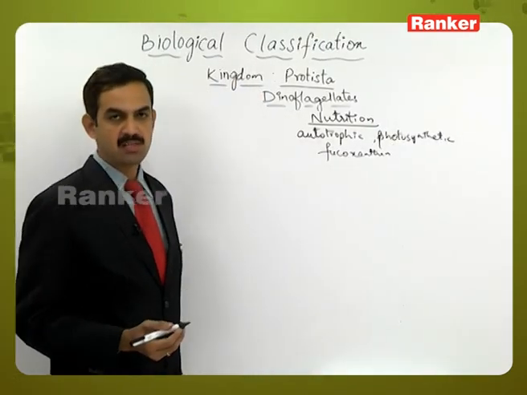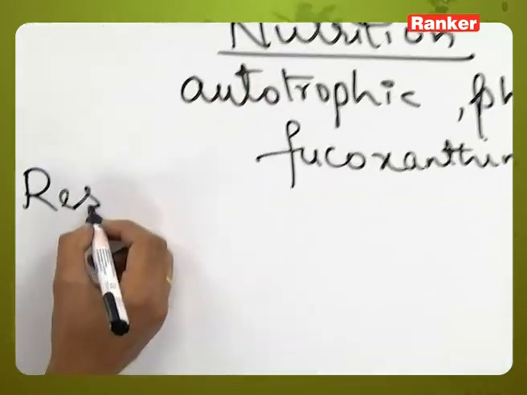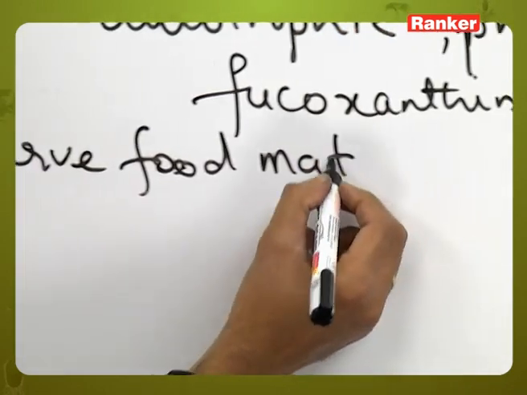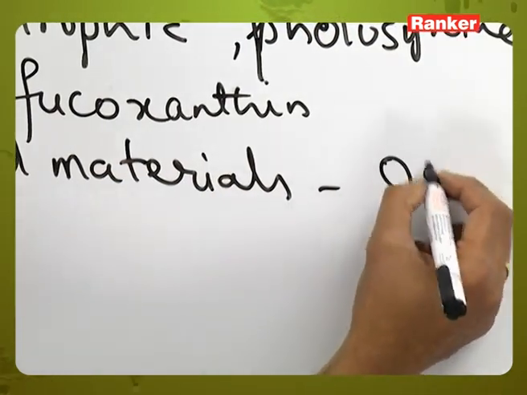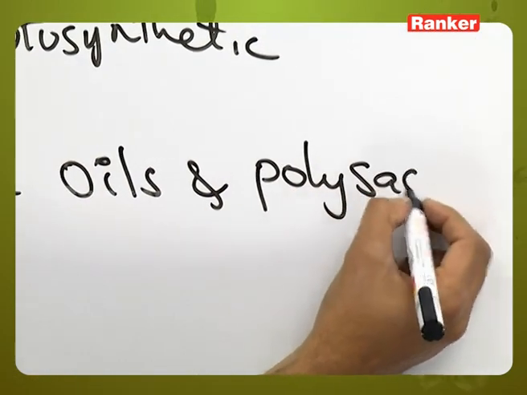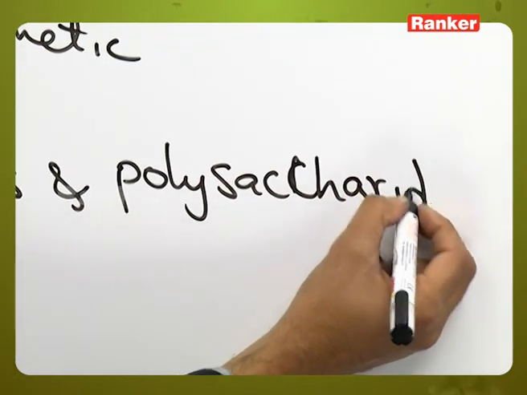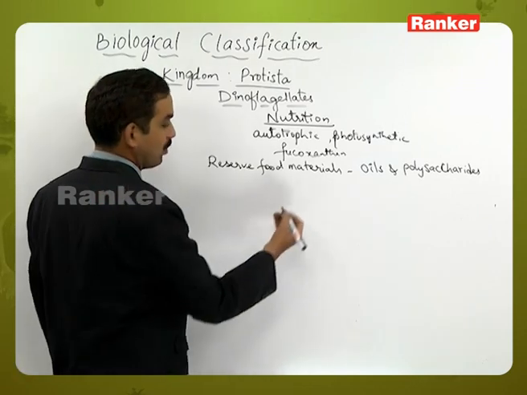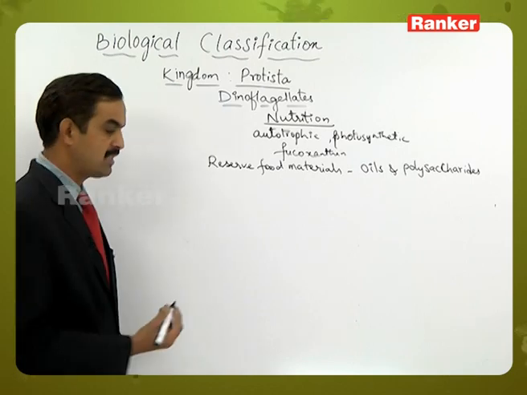When they perform photosynthesis, they prepare excess food materials and store them, which is called reserve food material. The reserve food materials are in the form of oils and polysaccharides. So these are present in the oceans, and are photosynthetic in nature.